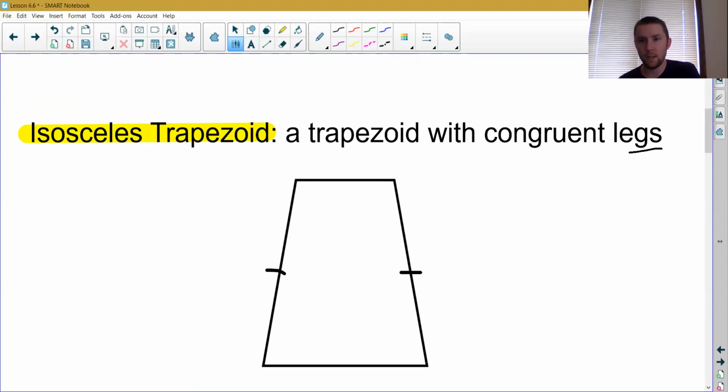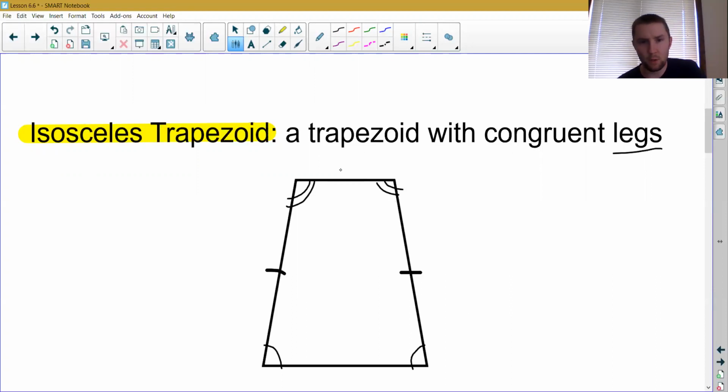So if the legs are congruent like this one here, then that is called an isosceles trapezoid. There are some extra special things about isosceles trapezoids, like these base angles down here are congruent to each other, and then these angles up here are also congruent to each other. But beyond that, we're not really going to apply isosceles trapezoids a ton, except maybe in an extra credit question on a test or something like that.